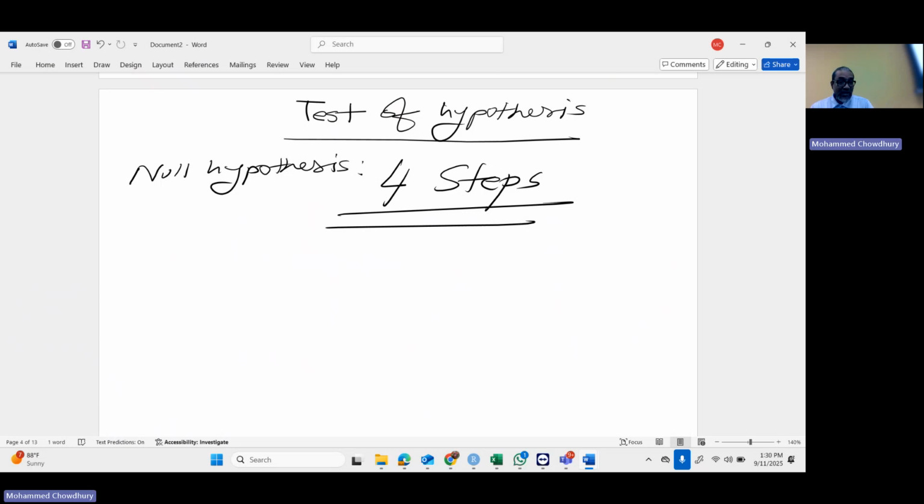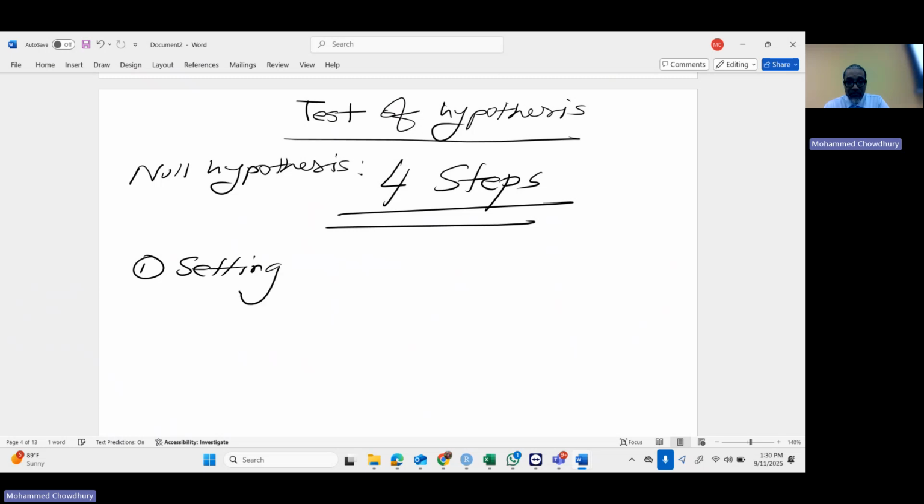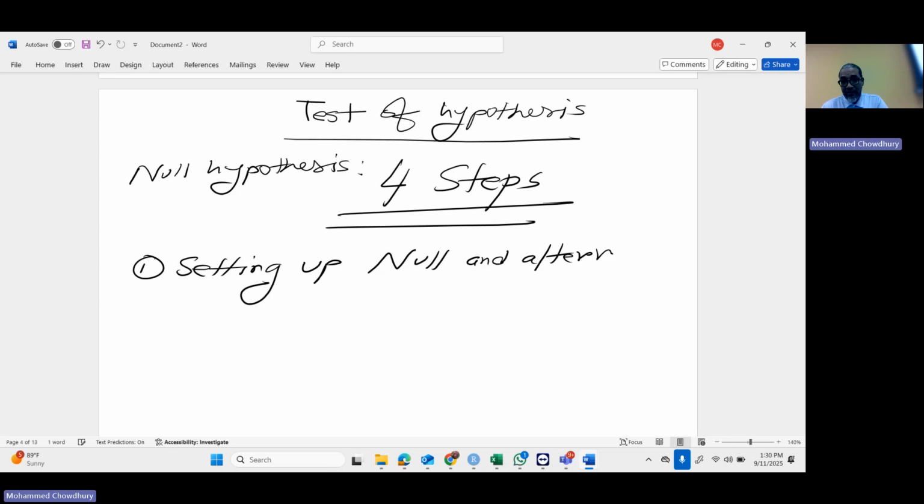Number one is setting up null and alternative hypothesis.